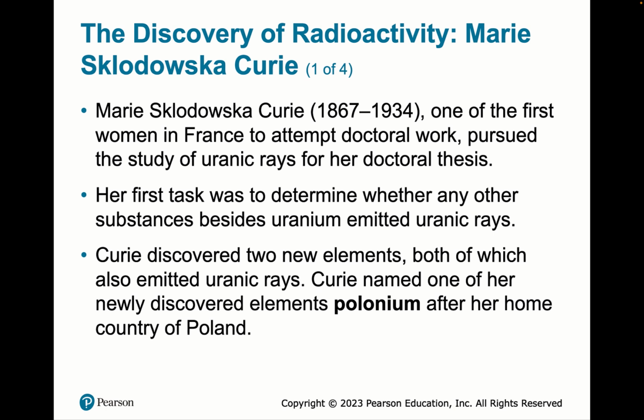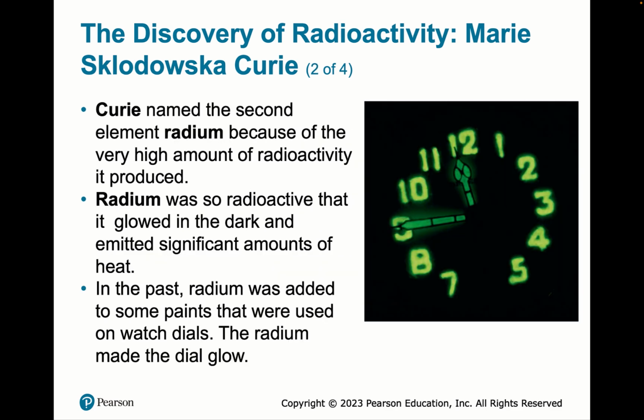If you notice some of the names in the periodic table, like californium and berkelium and americium, those were named in part because they were discovered at California, Berkeley, and that's where I went to school. So I like that it's on the periodic table. But she named hers after Poland.